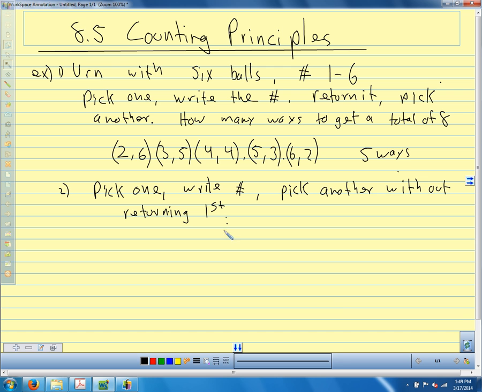So we could still pick a 2 and then a 6, and a 3 and then a 5. Could we pick a 4 and then a 4? No, because if we take the 4 out, it's not there to pick the second time. That combination doesn't come up. But we could pick a 5 and then a 3, and a 6 and then a 2. So this time there are only 4 ways.